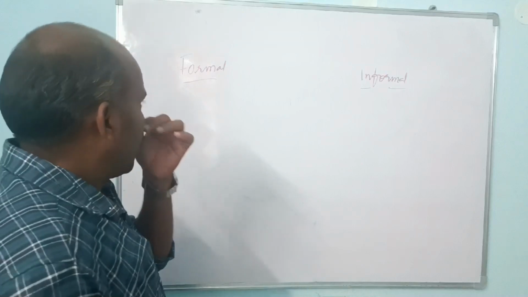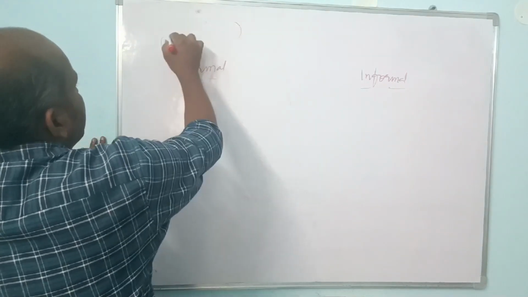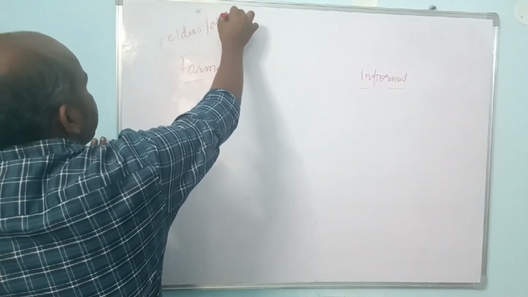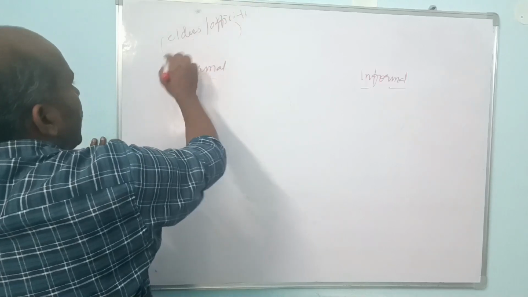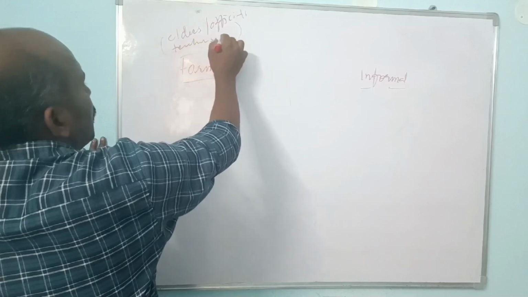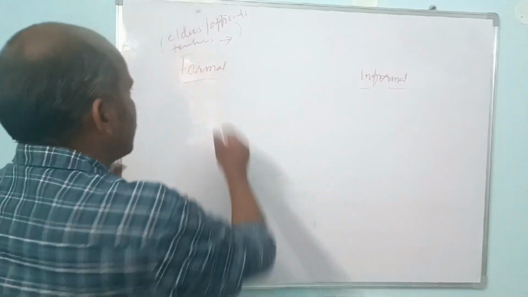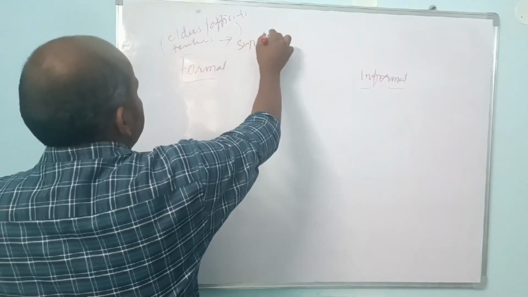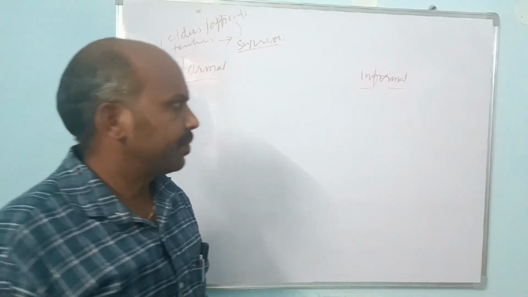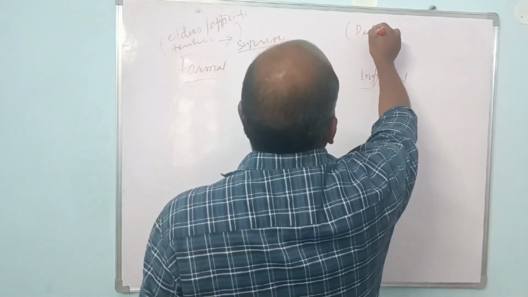Before that, formal English is used with elders, officials, and teachers who are above us, superiors, right? So for these we use formal language. Coming to informal language, we use it with the peer group.